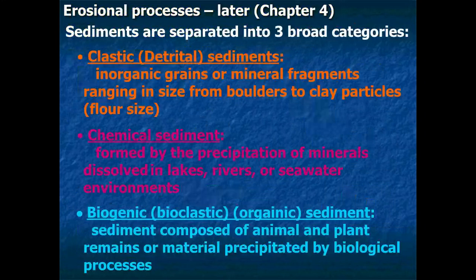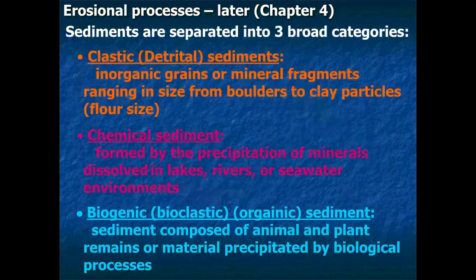The next category would be chemical sediment. And chemical sediment forms by what we call precipitation processes. So these represent minerals that are precipitated from bodies of water, like lakes, rivers, or seawater environments.